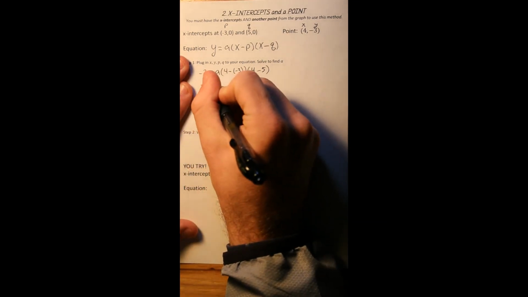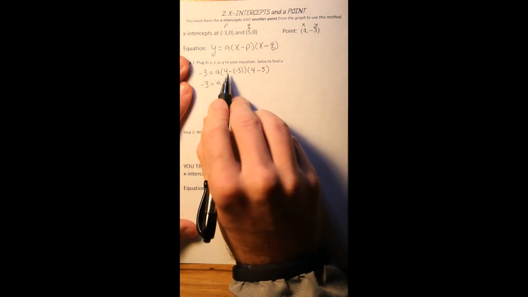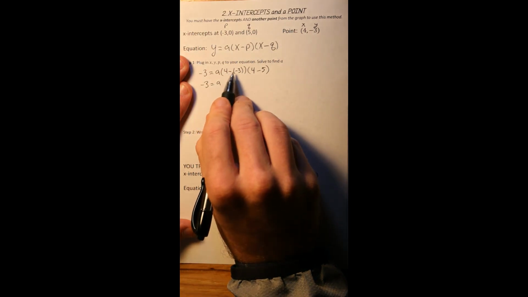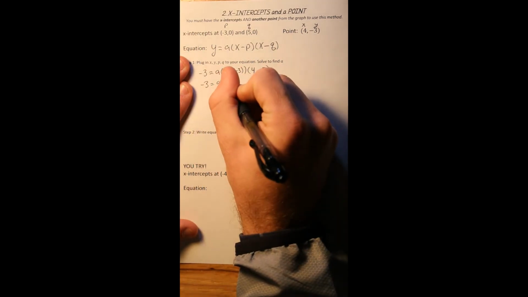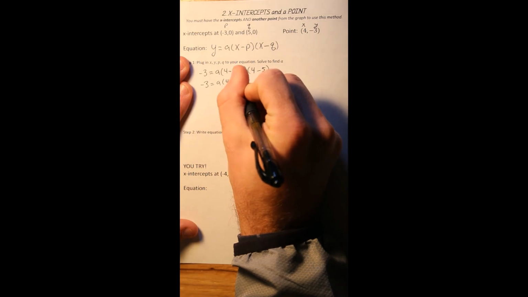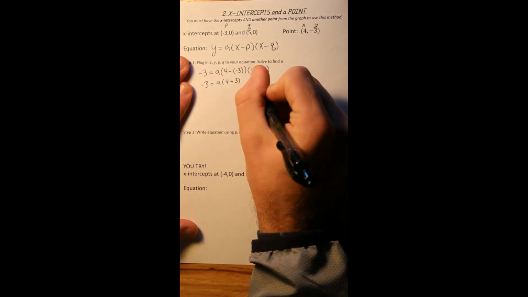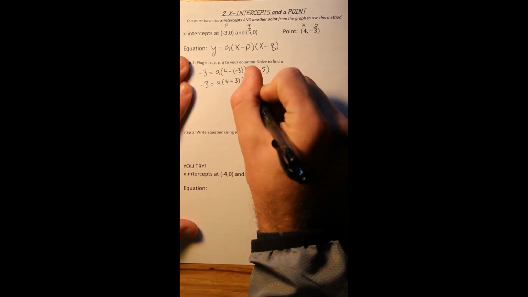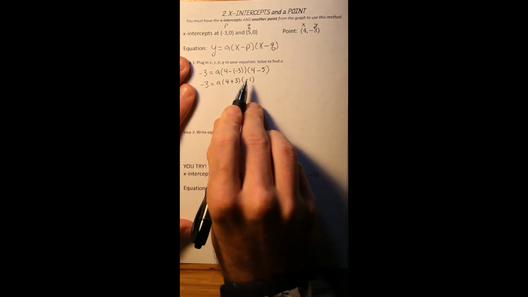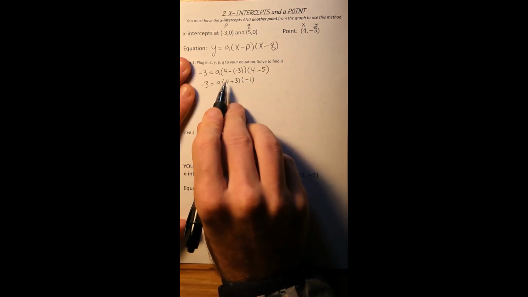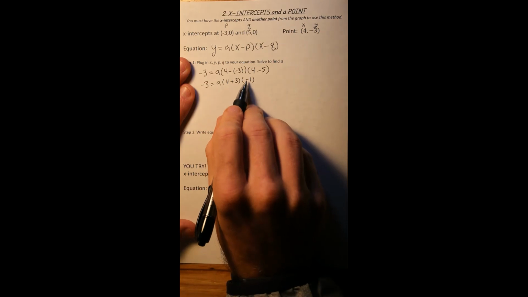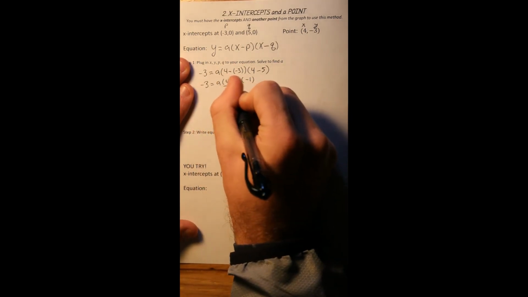So we have negative 3 equals a, 4 minus negative 3, so that's 4 plus 3. 4 minus 5 is negative 1. And so now I have negative 1 times that value. 4 plus 3 is 7. So that's negative 7 right there.